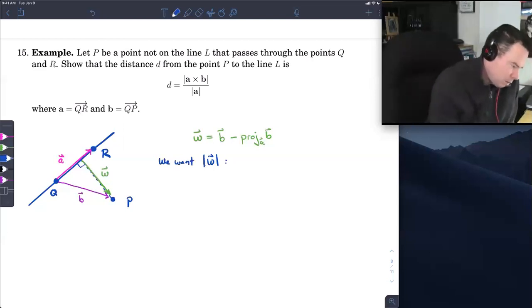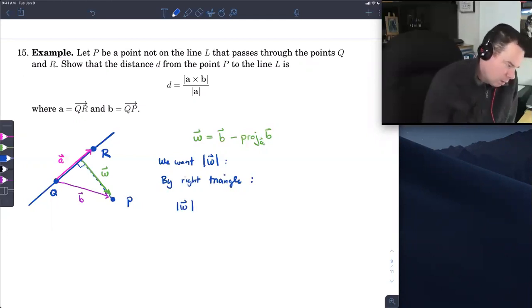Let's just consider the right triangle. It turns out this is quite a straightforward computation that involves very few steps. So by the right triangle, what is the magnitude of W?